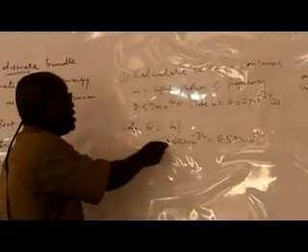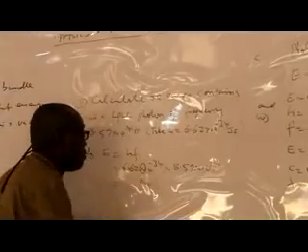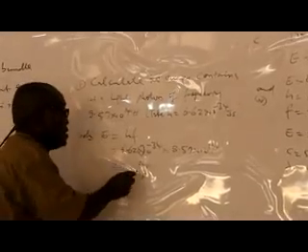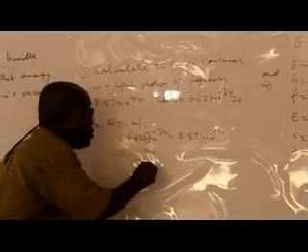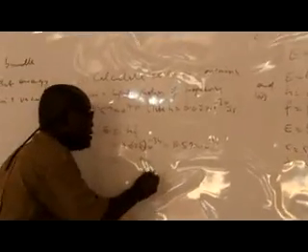Point 6.62. This is not multiplication, this is exponent in your calculator. Sometimes you may see 10 to the power x. So this is not multiply, this is exponent. You press exponent, and you will see where they put something of this nature in your calculator. Press it, that will give you minus 34.